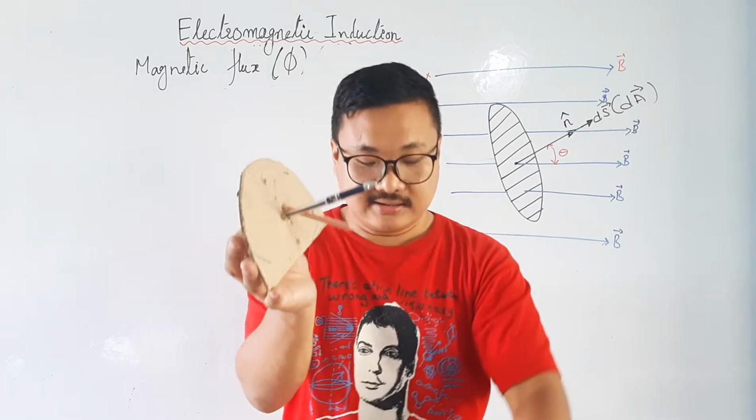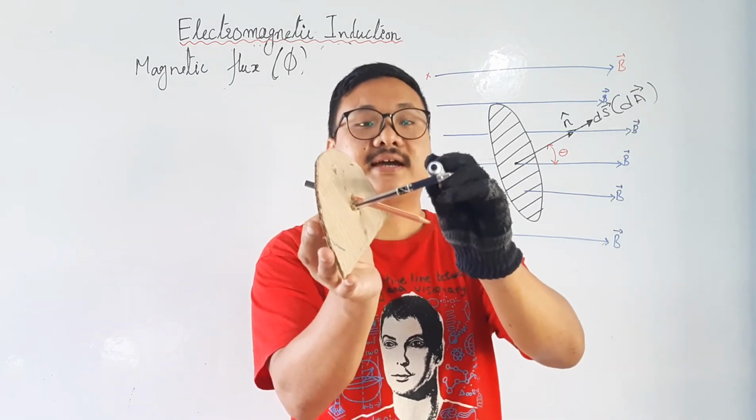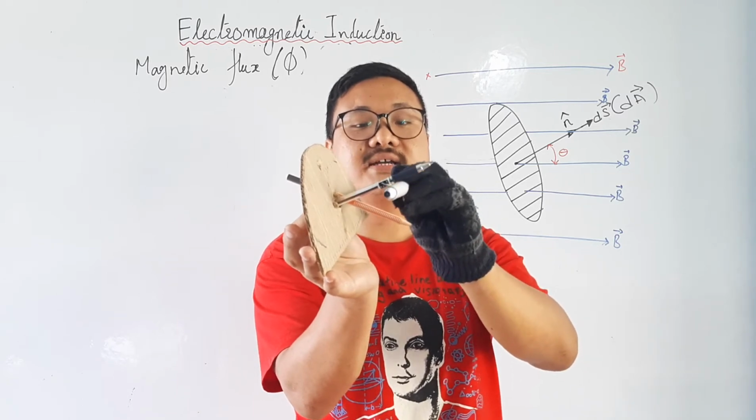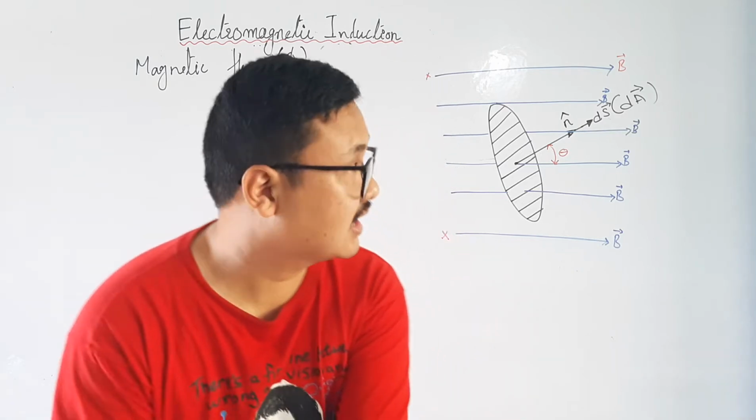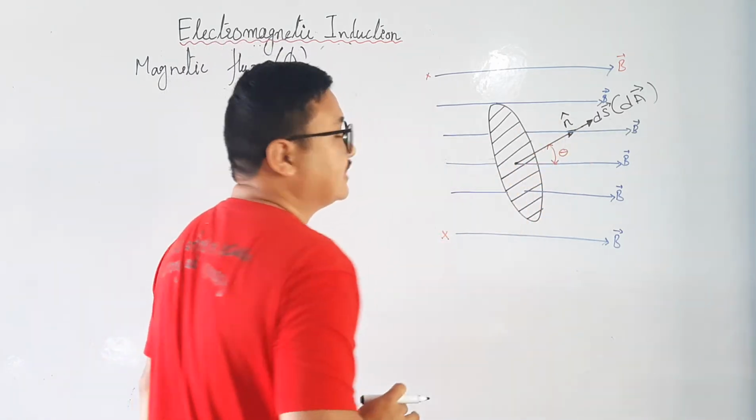Now there is some angle between this dA vector, ds vector and these magnetic field lines. This angle is theta.